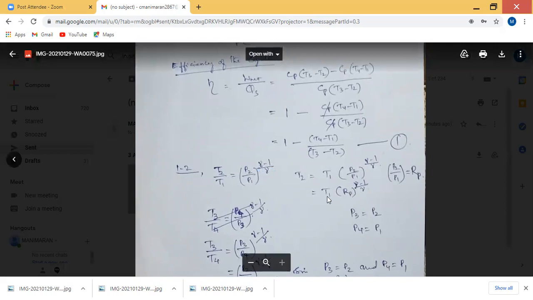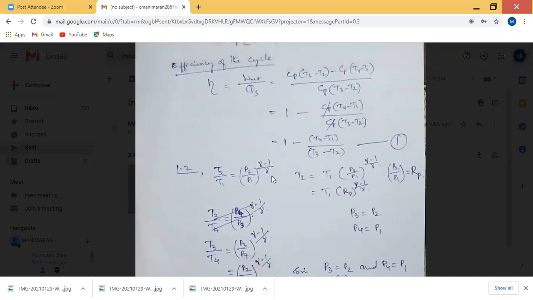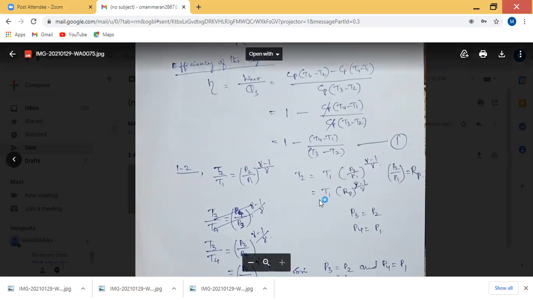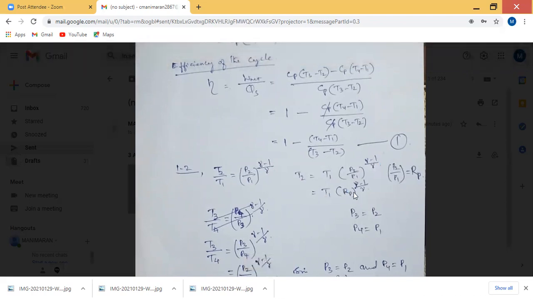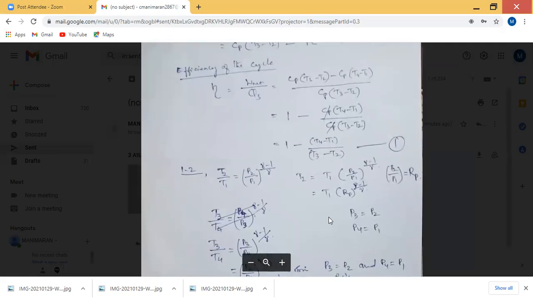T2 is equal to T1 into P2 by P1 to the power of gamma minus 1 divided by gamma, where P2 by P1 is the pressure ratio, denoted by Rp. So T2 is T1 into Rp to the power of gamma minus 1 divided by gamma, where P3 is equal to P2 and P4 is equal to P1. That we have seen from the diagram.